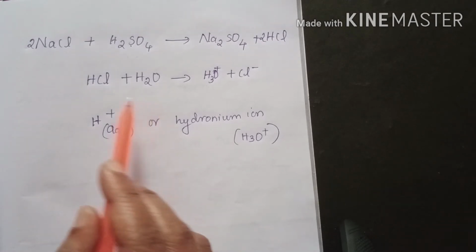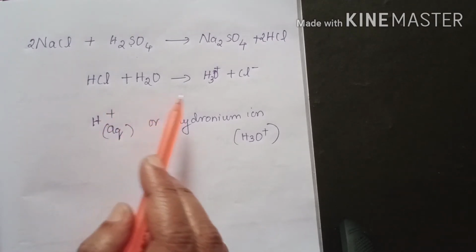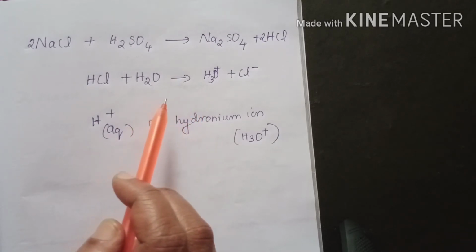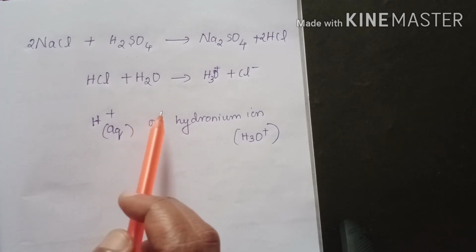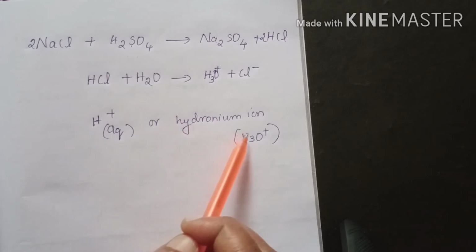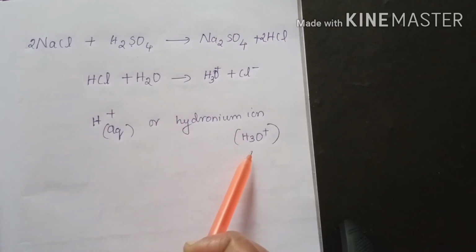So, an acid in the presence of water will produce H plus ions, and these ions cannot exist alone because their size is very small, and they usually exist after combining with water molecules as hydronium ion or H3O+.